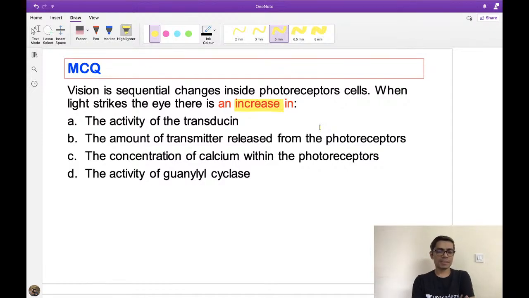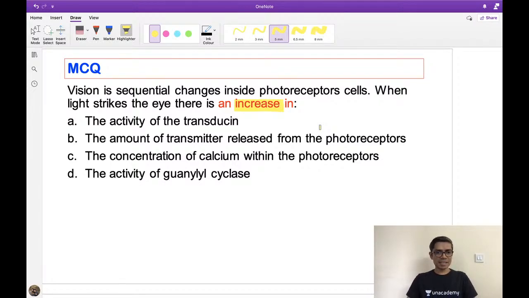I am waiting for the answer from your side, then I will discuss. Anybody ready with the answer? Which of the following increases?